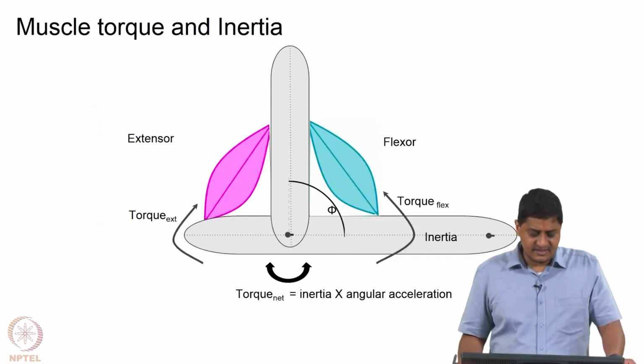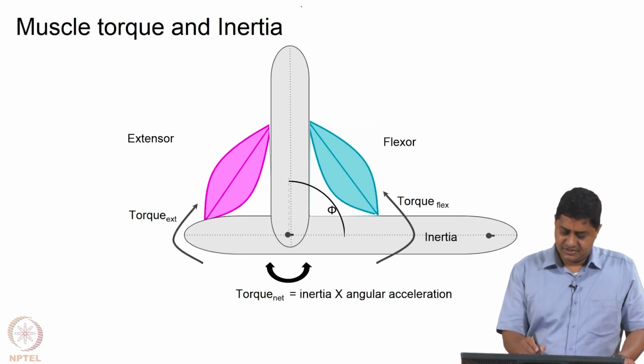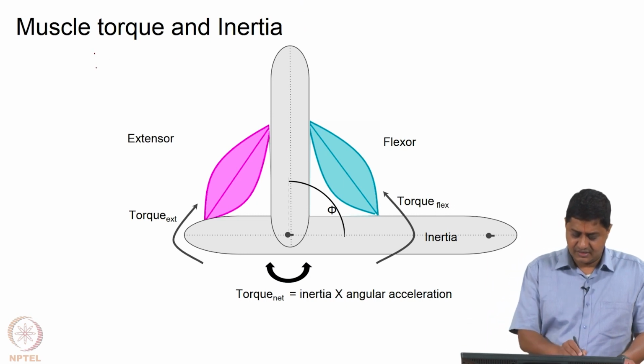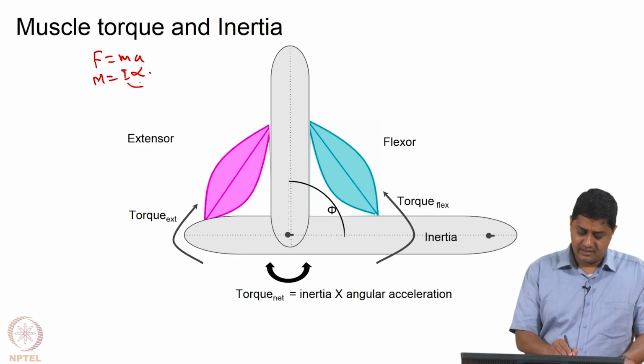Now, let us discuss the case when inertia and torque and angular acceleration interact, right. Just like you have Newton's law, F is equal to ma, you also have torque is equal to I alpha, where I is the moment of inertia, right.